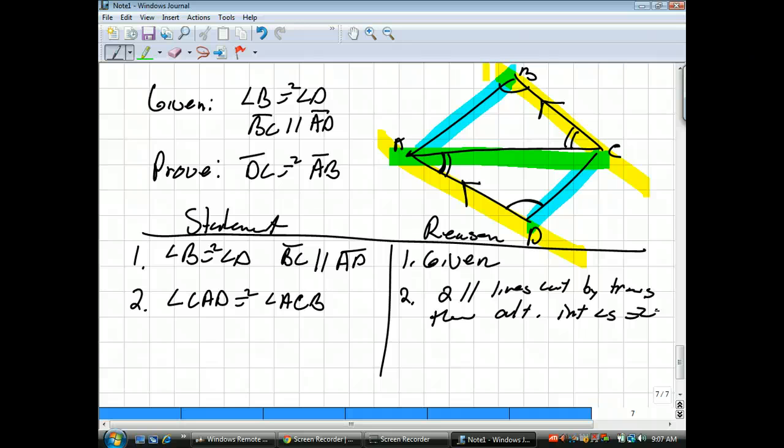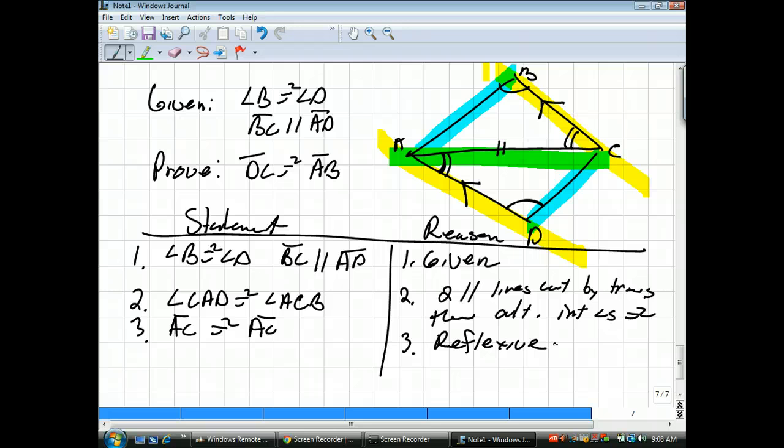So I either need the included side or I need a non-included side. And notice that I can get this congruent to itself by using the reflexive property. So I know AC is congruent to AC.